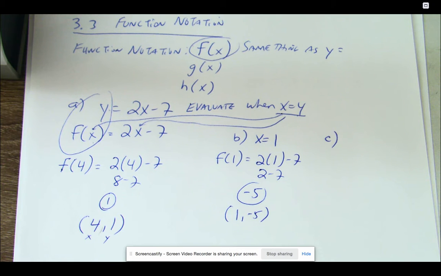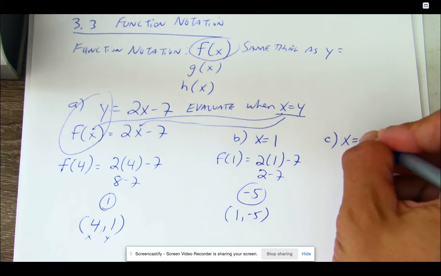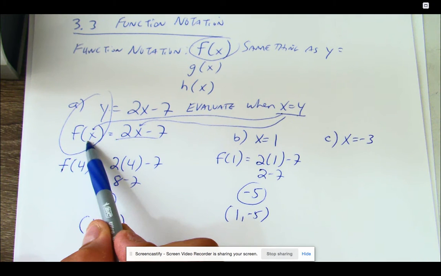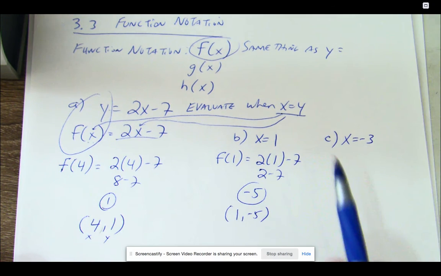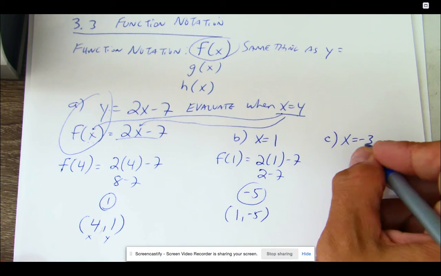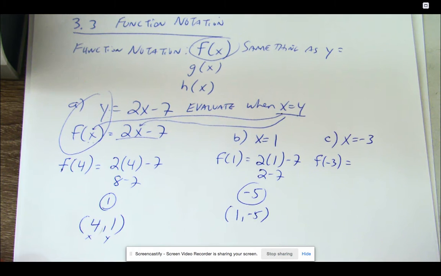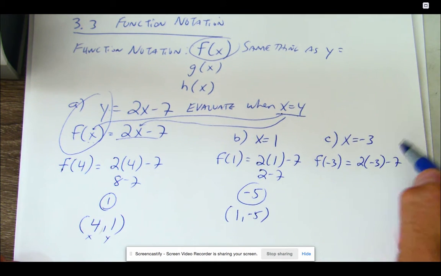So on your homework, you're going to have a lot of problems where I'm going to give you x points or x values like this one, and there's going to be functions that you have to plug it into. So we're basically introducing function notation, which is the same thing as y equals. So now if I took f of x where x equals negative 3, that means everywhere that I see an x, I'm going to plug in a negative 3, which will look like this.